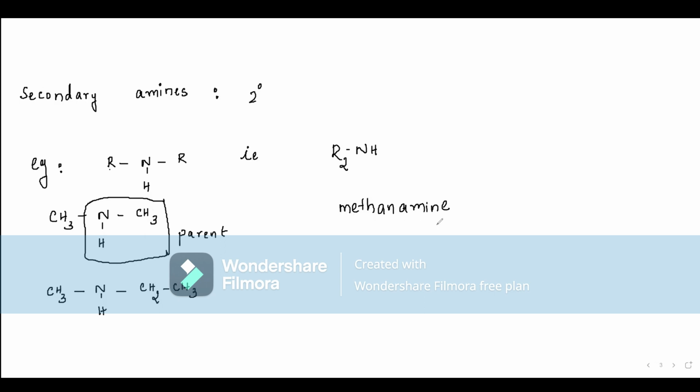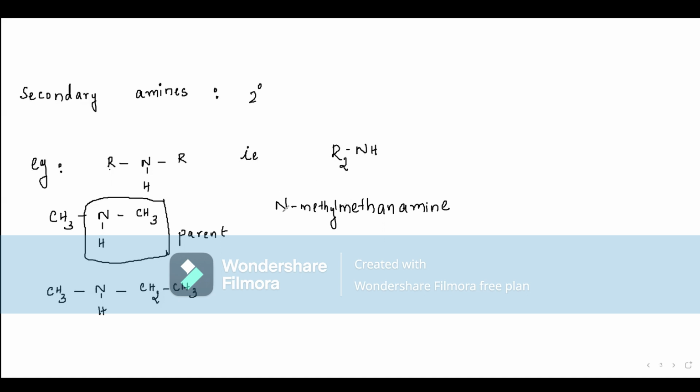So the parent here is methanamine, but we have a methyl group also as the substituent. Where is the methyl group connected to? Methyl is connected to the nitrogen. That's why we write here N-methyl methanamine. N-methyl methanamine. Yeah, N stands for nitrogen.